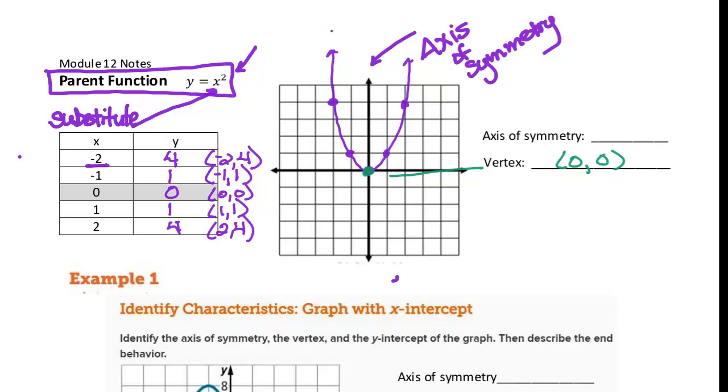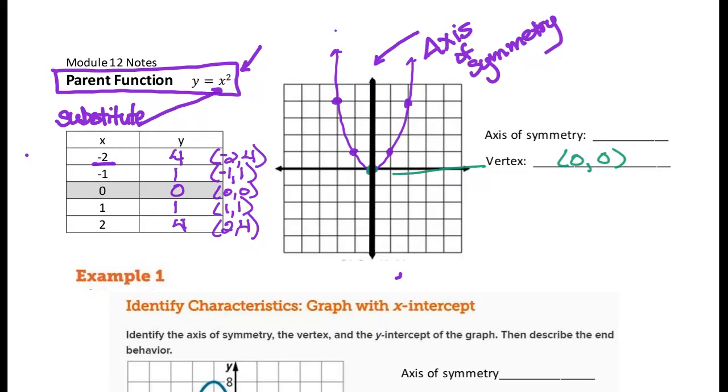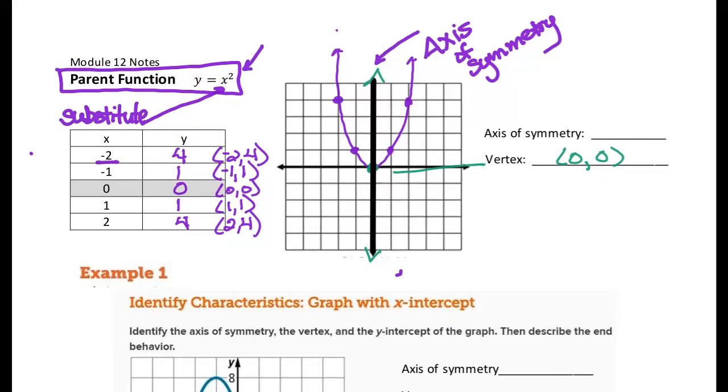And my axis of symmetry is this line. I wanted that to be green, but that's all right. I can put arrows on the ends of it. The axis of symmetry is always going to be x equals, so always make sure you put x equals.